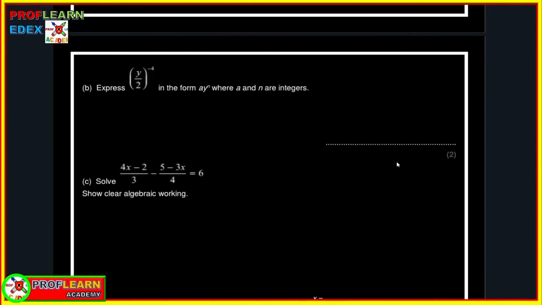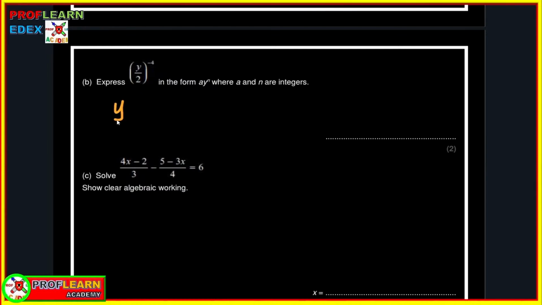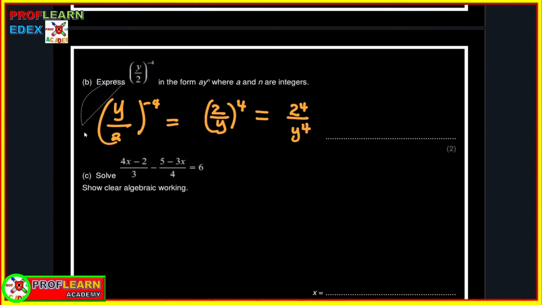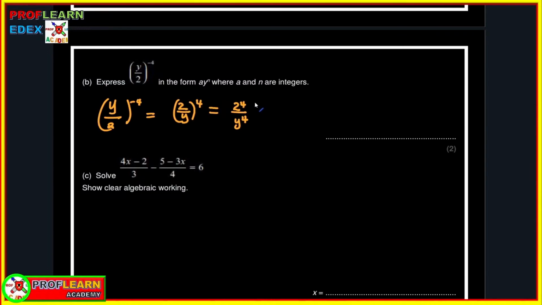Still on indices, but if you are given a power which is negative, it means you find the reciprocal of what's inside the bracket. You turn them upside down so that you remain with a positive power, and you raise the power like that, and finally our answer becomes 16 over y raised to power 4.